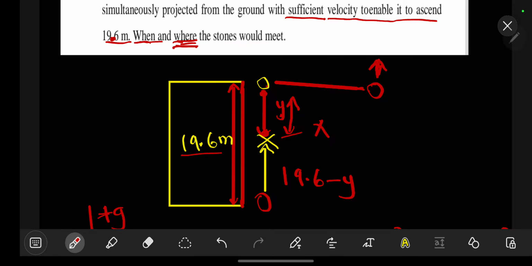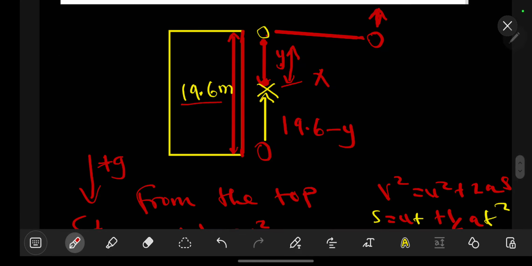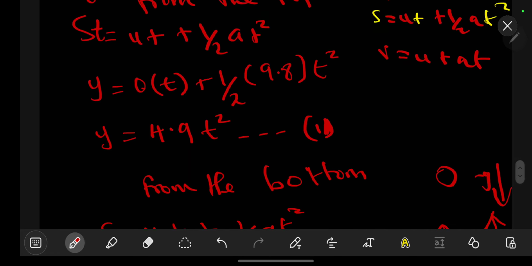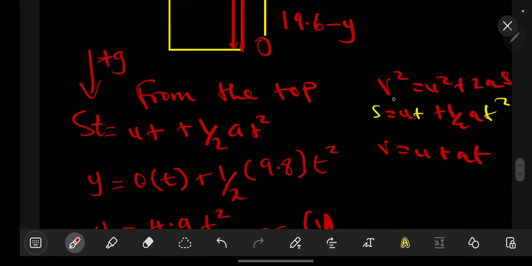So with that assumption, we can calculate what our initial velocity is. Using this equation, v squared is the final velocity, and at maximum height it will be 0.